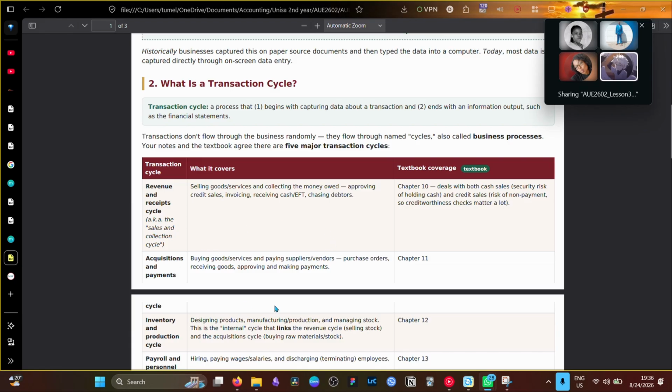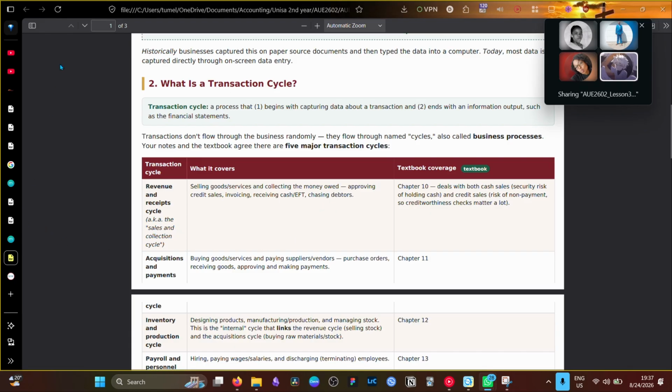It depends on what that cycle is about. For revenue and receipts, bank is also touched, not acquisition. We'll look more in depth. That's why they're saying receive cash and EFT. Okay, thank you.